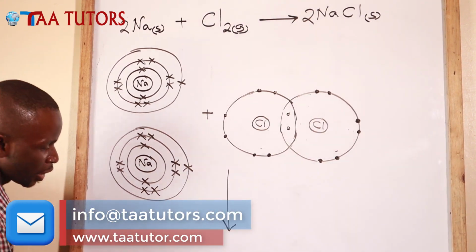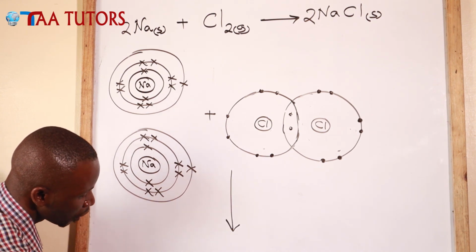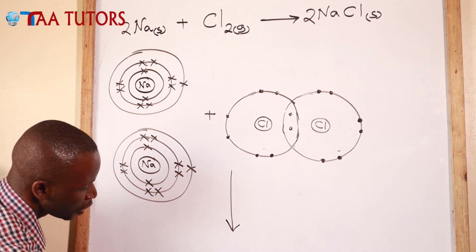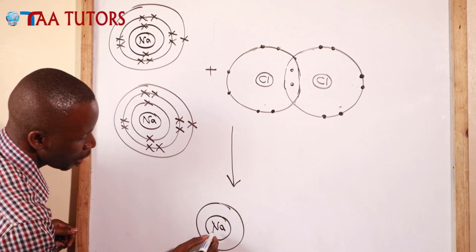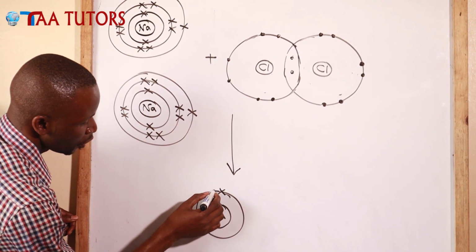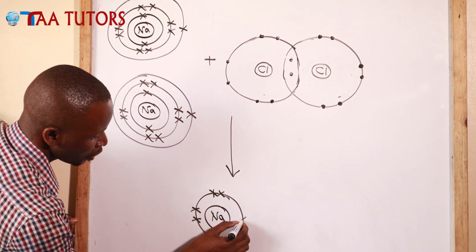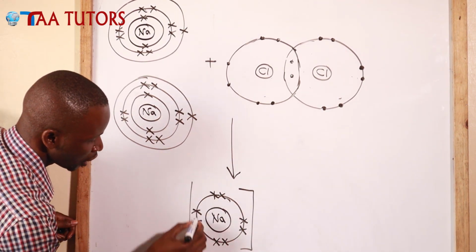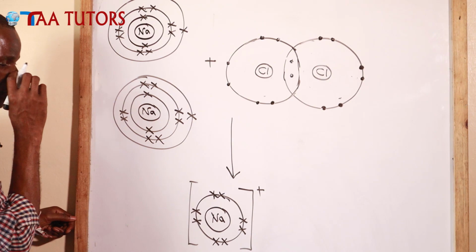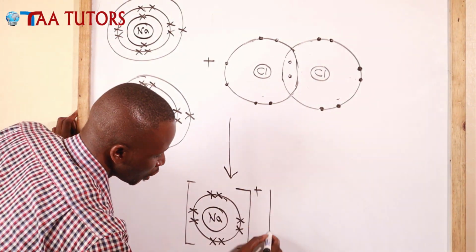So finally, in the equation, the product we are going to have is a sodium ion with 8 electrons in the outer energy shell. And we say this is how we indicate it. We draw the chloride ion because the compound has to be with both.